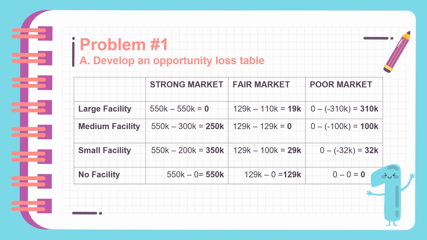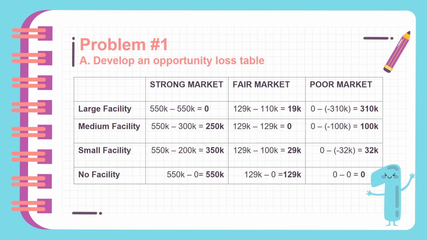Among the alternatives, the best payoff under the strong market would be the 550,000 of large facility. For the fair market, the best payoff would be the 129,000 under the medium facility. And for the poor market, that would be the no facility of zero.